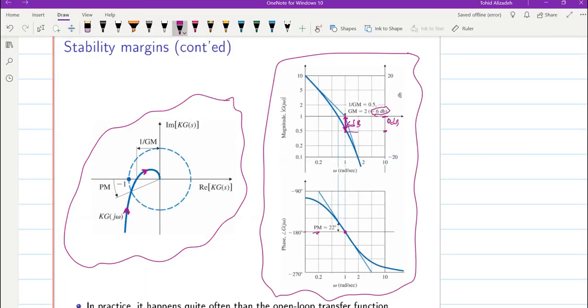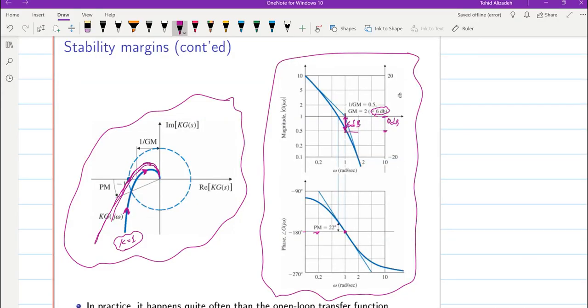If we now look at the part of the Nyquist plot that we have here, the graph is shown considering k equal to 1. Now, if we increase the value of k, this graph will be inflated. And at some point, it will cross the point -1.